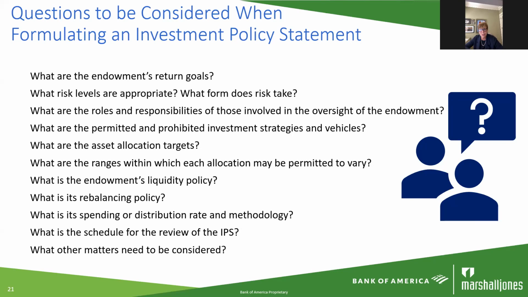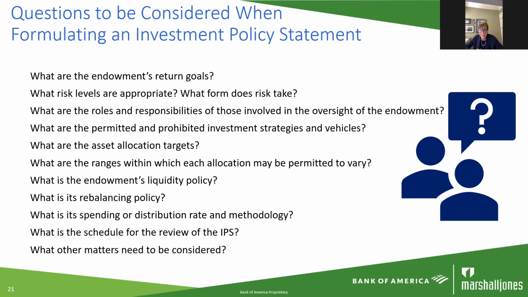And some of the questions include, what are the asset allocation targets? That just means, what percentage are you going to be placing inside of the different allocations of investments? How much goes to equity or stock? How much goes to fixed income or bonds? And how much stays in cash? Sometimes there's a position of alternative investments as well.